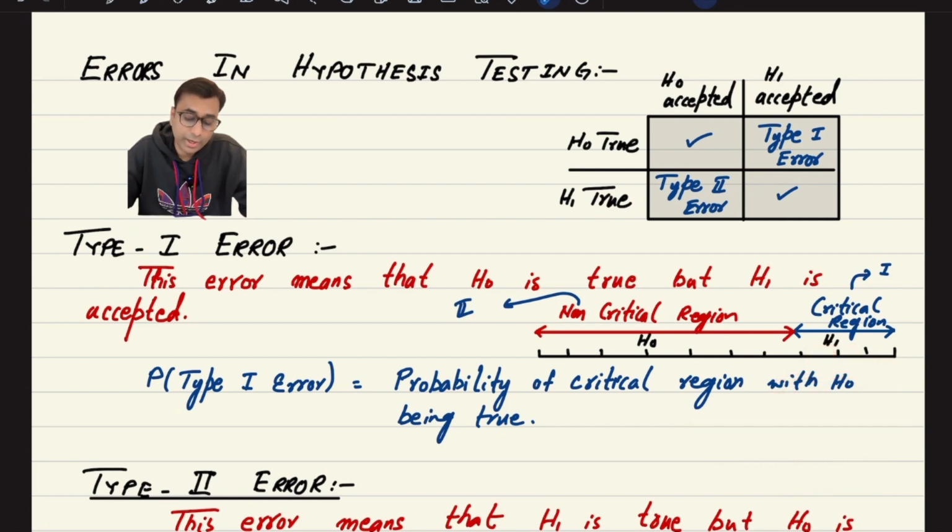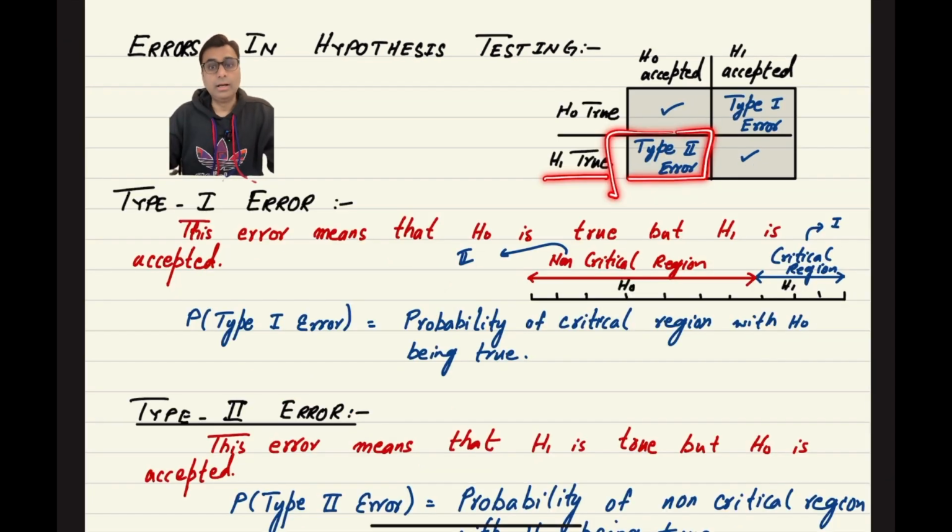Similarly, if you have to find out the probability of type 2 error, you have to find out the probability of the non-critical region, the region of acceptance of H0. But there is one thing to be noticed: if it is a type 2 error, which means that H0 is not true and H1 is true, then the probability value that you took from the null hypothesis is not going to be valid anymore.